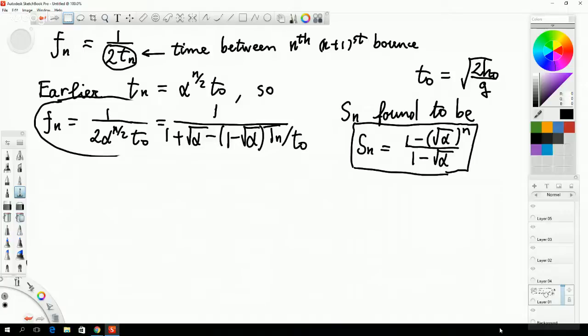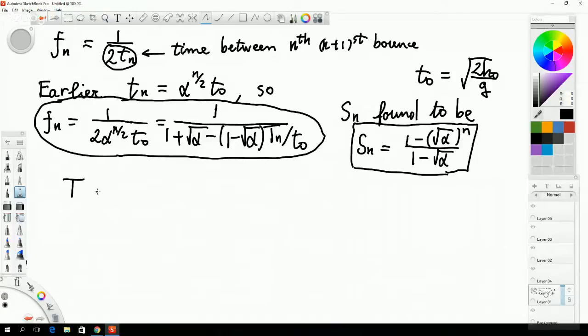Of course we could have already known this from earlier, but this expression shows you that as the time tends to the maximum total time. Remember that the maximum total time was t equals t naught times 1 plus square root of alpha over 1 minus square root of alpha.